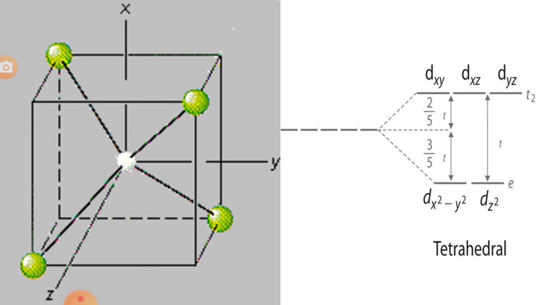So due to the repulsion between the spherical approach of ligands, the energy of the d orbitals increases, and the electrons on the metal d orbitals remain degenerate.